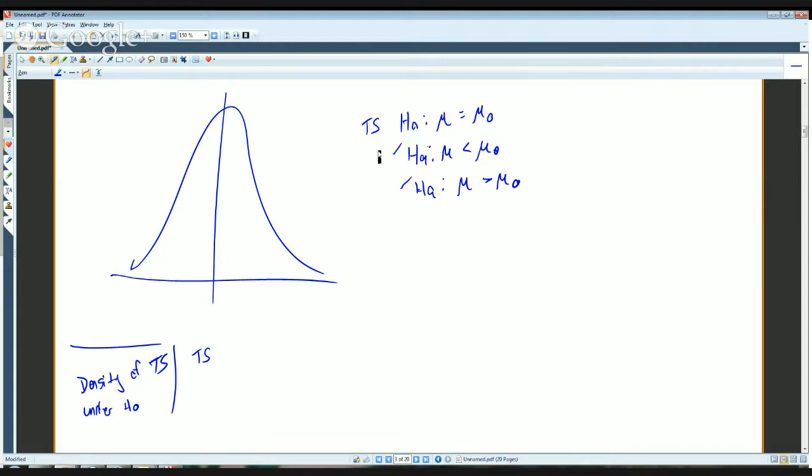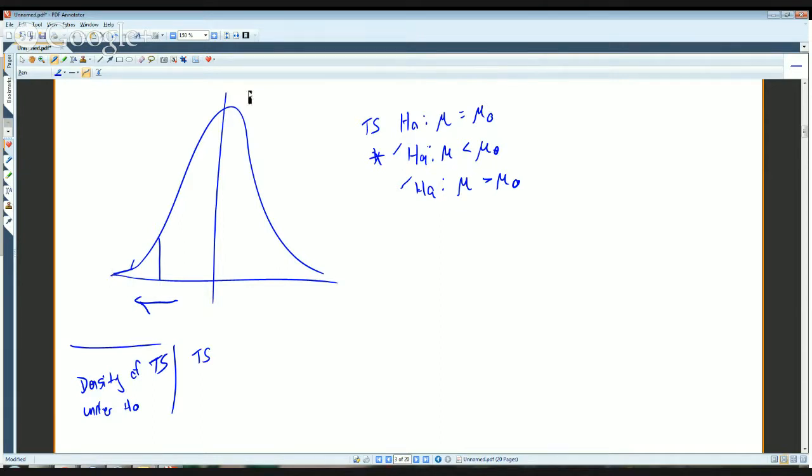Okay, so let's consider this case right here, where we're interested in testing whether mu is less than the hypothesized value mu naught. We're going to reject if our test statistic is too small, and we want to calibrate that probability so there's a very small chance of that happening if the null hypothesis were true.